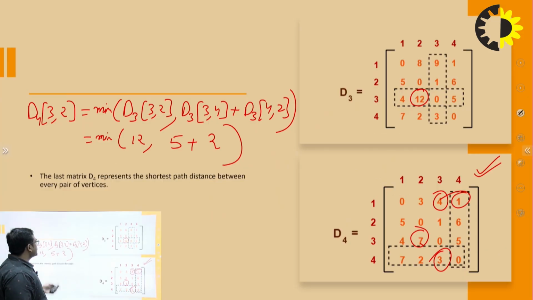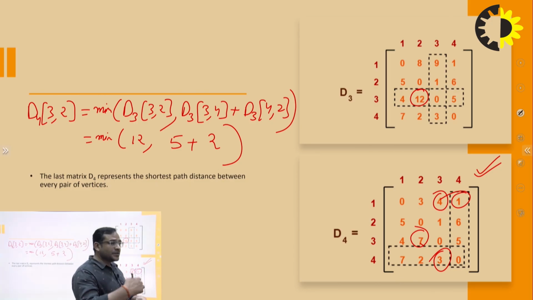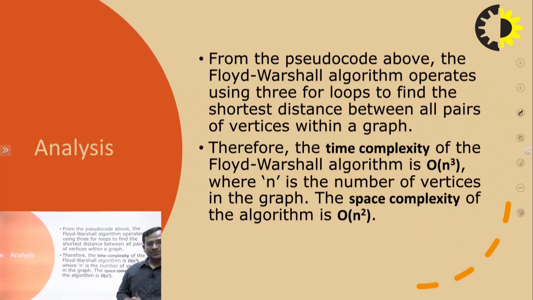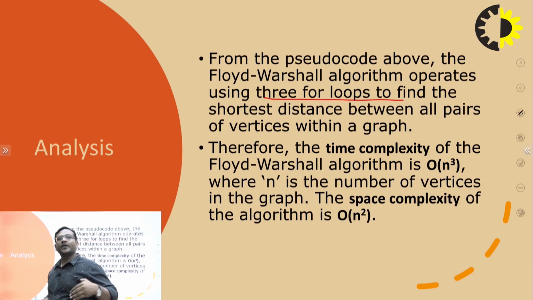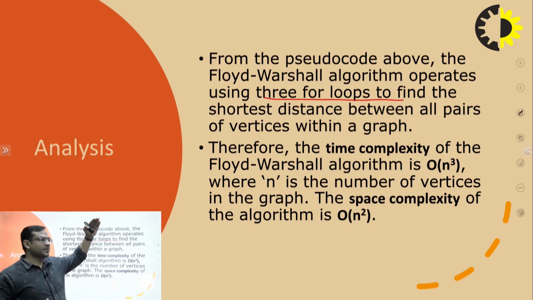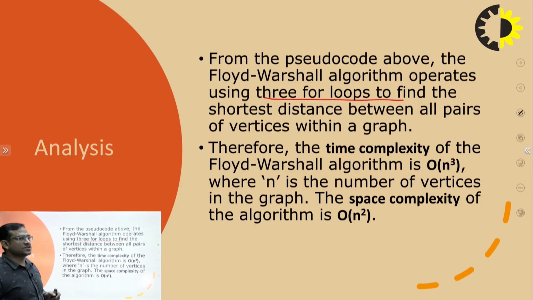As I discussed, this formula is the step which repeats every time. So we are basically using 3 loops, and every loop runs n times, where n is the number of vertices. For example, D4 is calculated, so initially the first loop runs 4 times, because we are calculating D1 to D4.